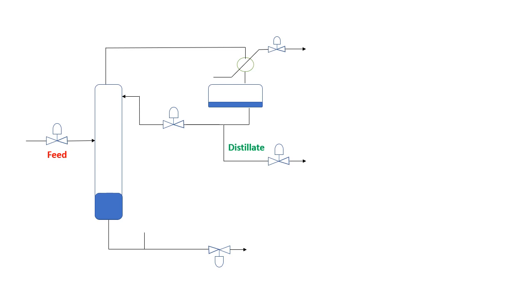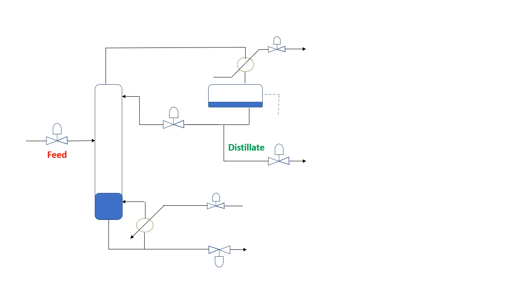Now the bottoms product is further reheated and it gets back to the bottom of the column. This action is known as reboiling. Reboiling is done through some other hot streams; in the process industry normally steam is used in many cases.